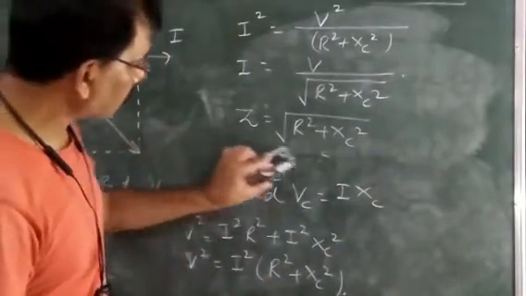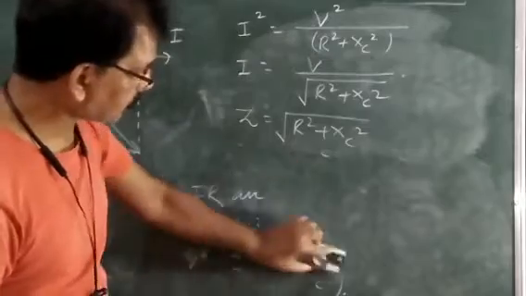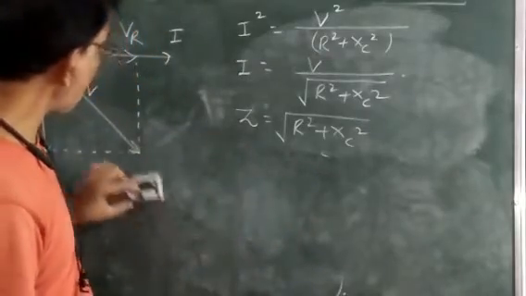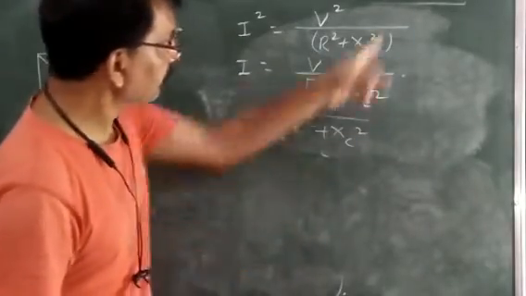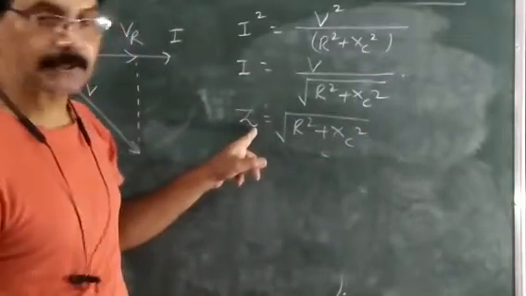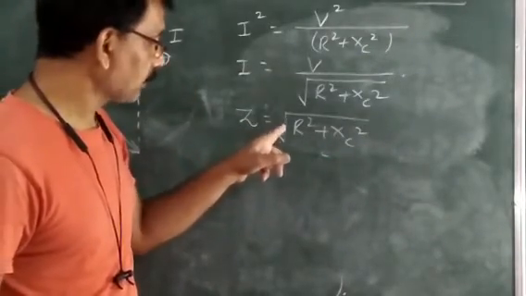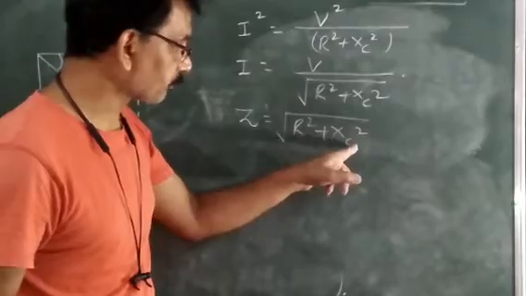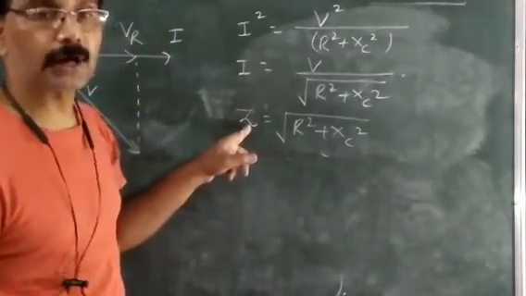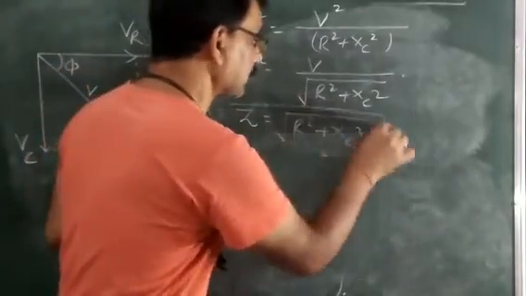The role of Z is the same as the role of resistance. This means in a CR series circuit, the effective resistance is root R square plus XC square, which is called the impedance of that circuit and denoted by Z.